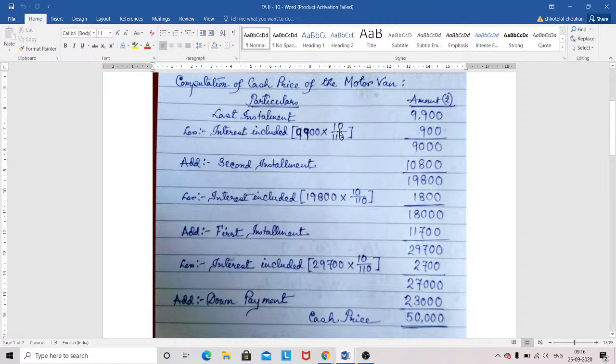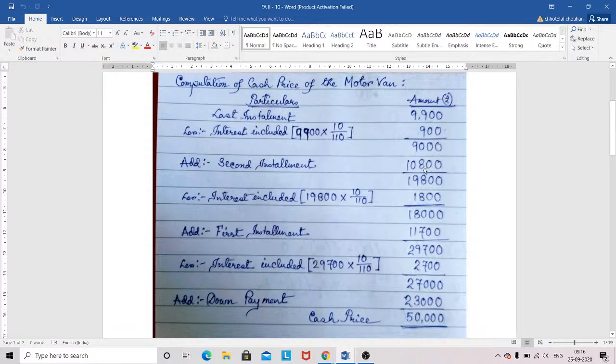So 9,900 into 10 by 110, the value came as 900. So if I deduct it, 9,000 is the principal value of the installment due last, upon which you have to add the second installment. After adding the second installment, we have 19,800, because the second installment value is rupees 10,800.